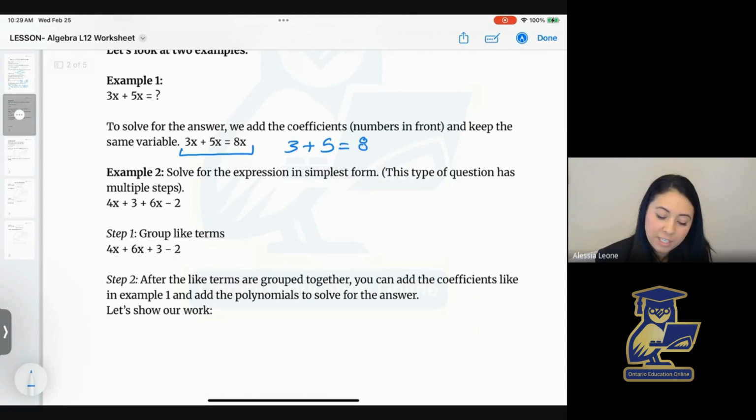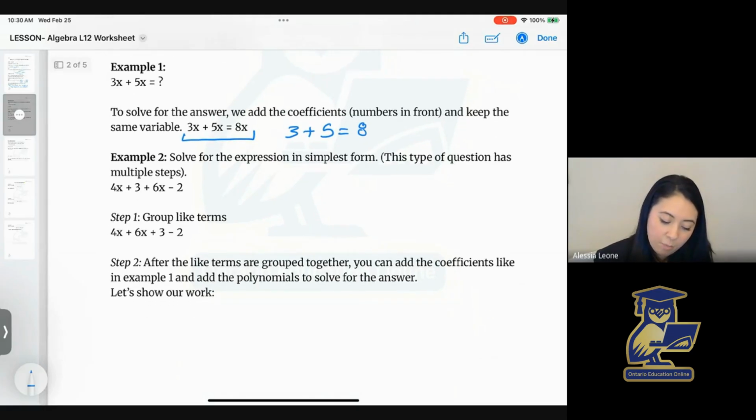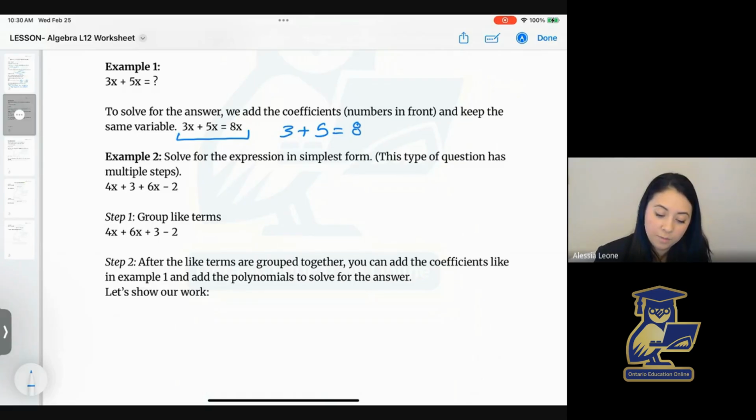Solve for the expression in the simplest form. This type of question has multiple steps. Multiple steps? We love multiple steps. So first, step 1, we have to group the like terms. If you notice, like terms, what has the same variables? So we have to put all the x's together and then everything that doesn't have an x together.